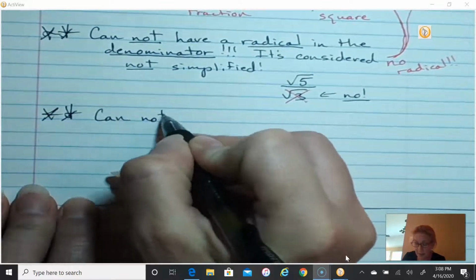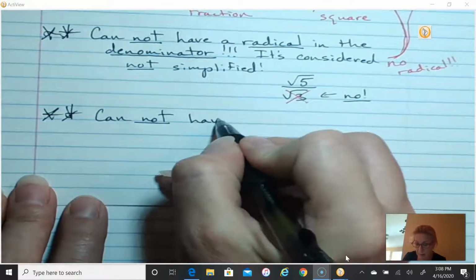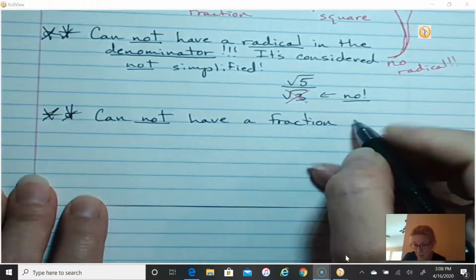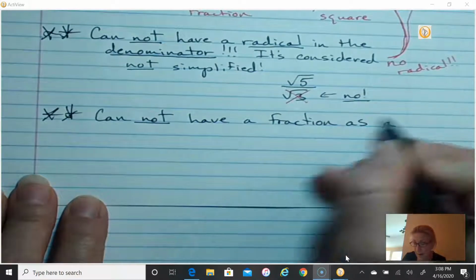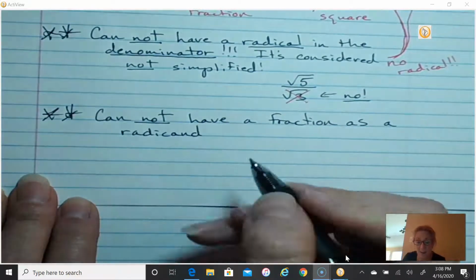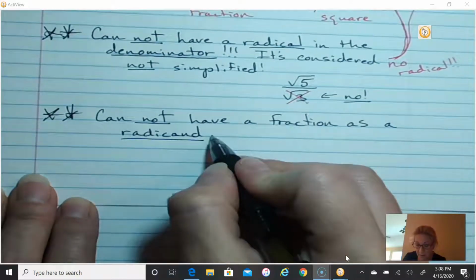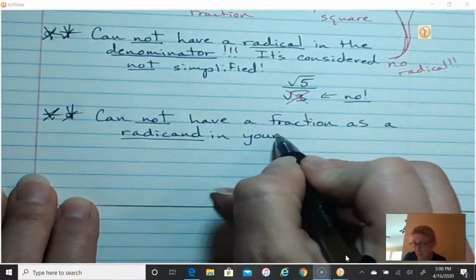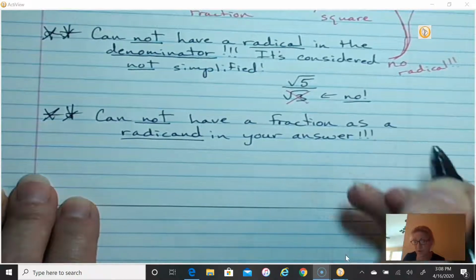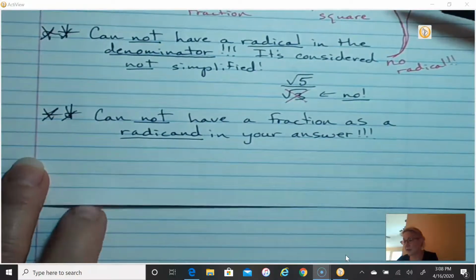You cannot have a fraction as a radicand. That's that number inside the radical sign in your answer. Your answer cannot look like this.